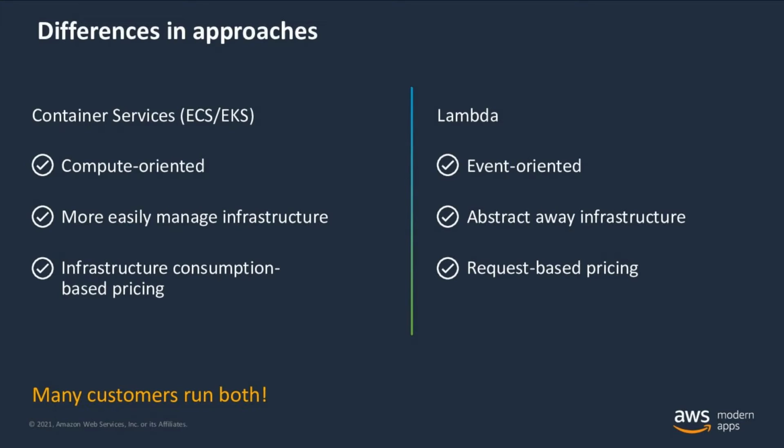Containers, on the other hand, are compute oriented. This means it has similar constructs to a physical server or a VM, but what makes it different is that it allows customers to turn monolithic applications into modular, portable, and composable services.